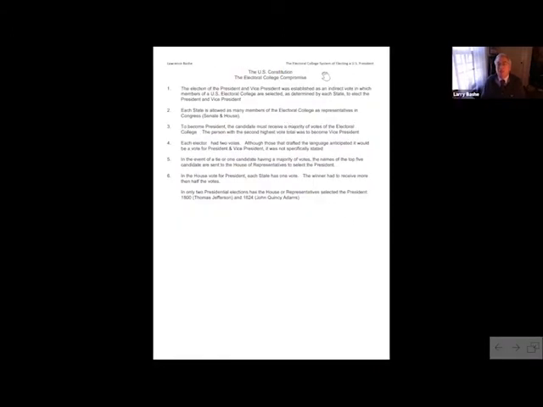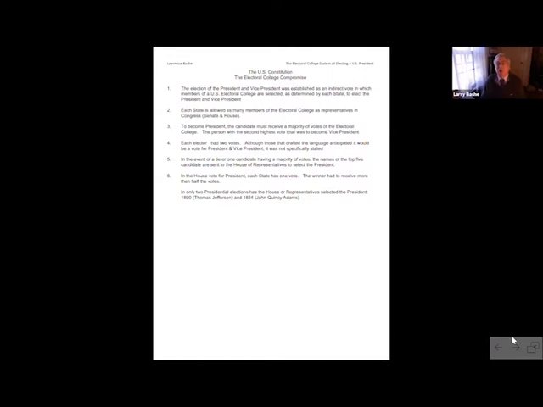In the first election, only 6 states actually had a popular vote to select the electors. The other ones had other systems for selecting the electors. We didn't have a full popular vote until the election of 1824. That means that every state had set up a system whereby they had an election to select electors.